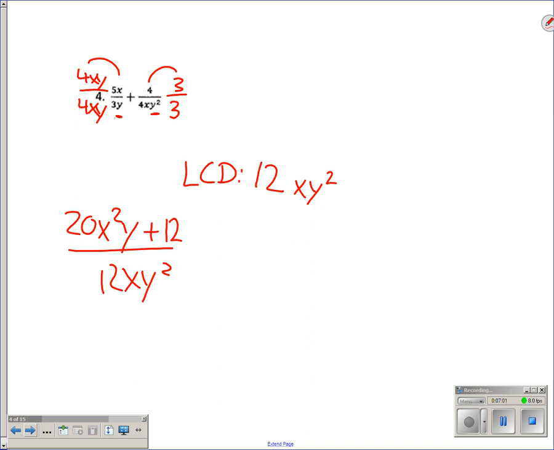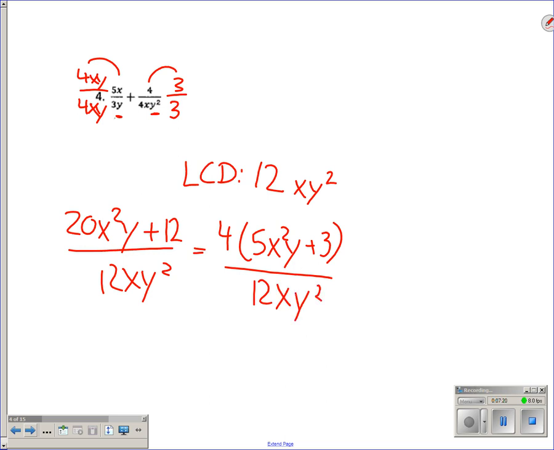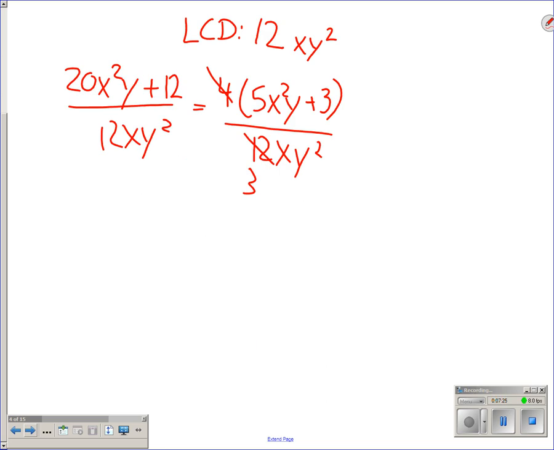Between all three numbers maybe 4 can divide out of all of those. So I could take out a GCF of 4, and I'm left with 5x squared y plus 3 over 12x y squared. Well, the 4 and the 12 reduce down. So my final answer is 5x squared y plus 3 over x y squared.